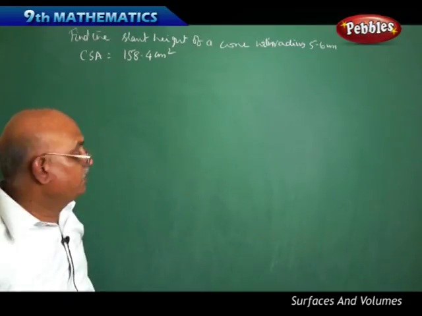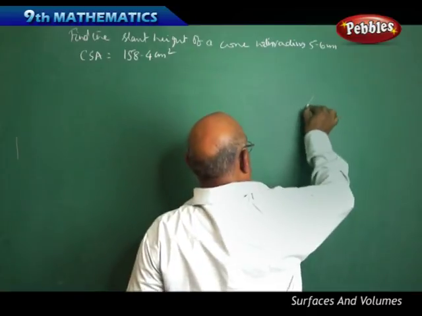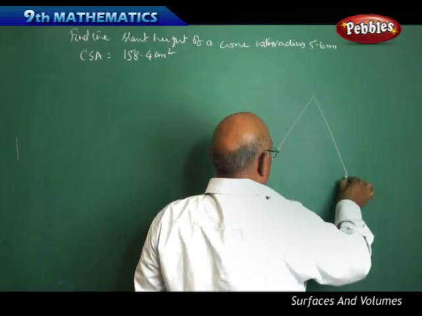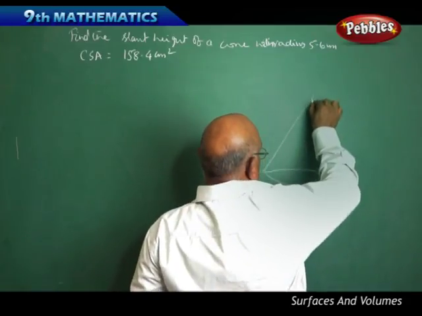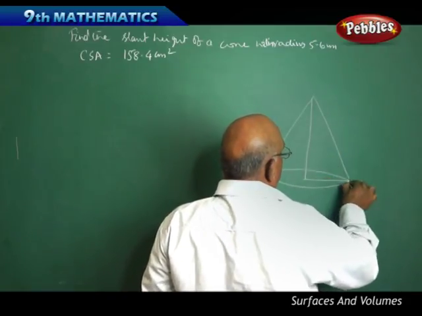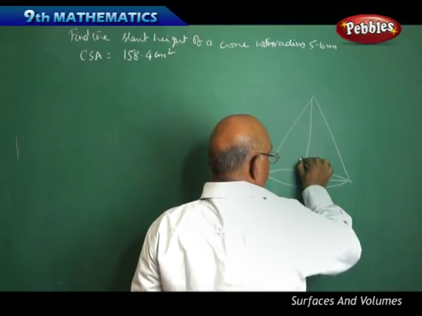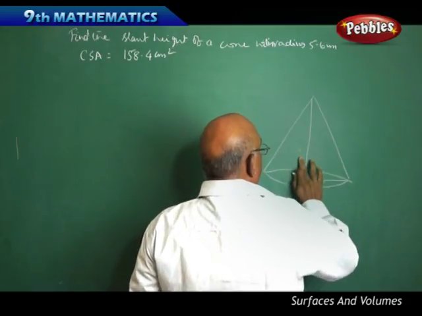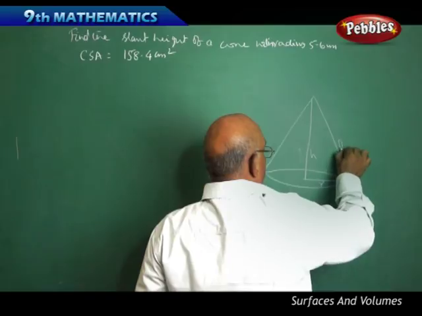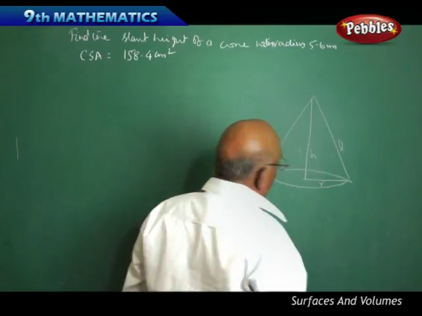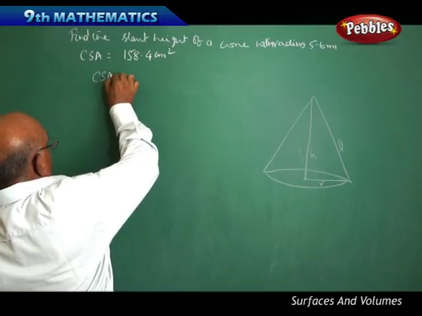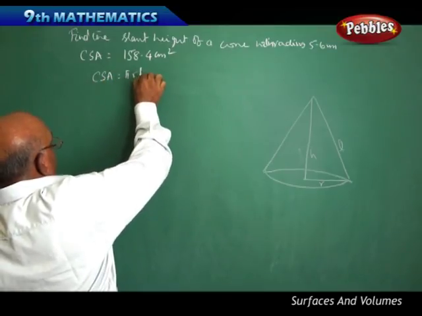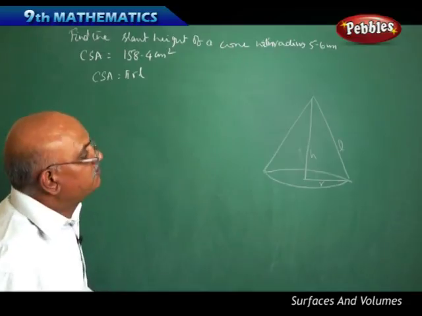Now, whenever we are thinking about a cone, naturally this is going to be the base, this is the height h, this is the small r, and this is the slant height L. Now we know that the complete surface area is equal to pi r L. We don't know what L is going to be now.